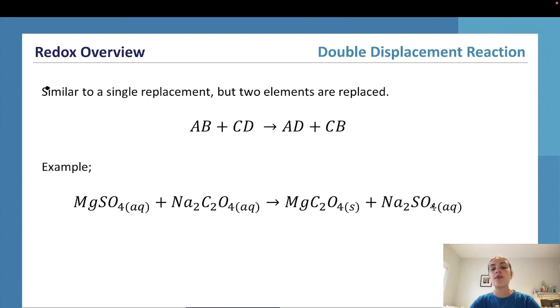Each oxygen has its charge of minus 2, so minus 2 times 4 gives us minus 8, plus 2 gives us minus 6, and then the sulfur is going to be plus 6. And so that also remains the same. It appears that we don't actually have a redox reaction occurring within this reaction.